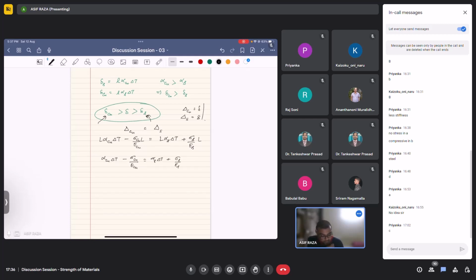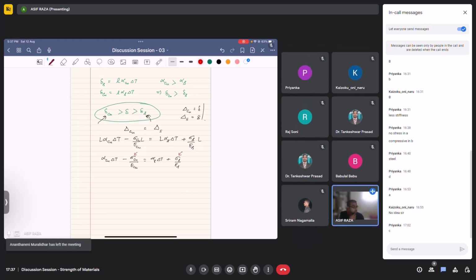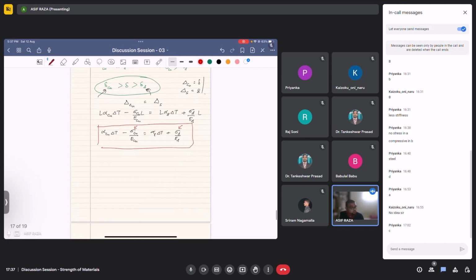Now if you see, there are two unknowns here: sigma Cu and sigma S. We know all other things, so this won't solve the question completely. We need one more equation.